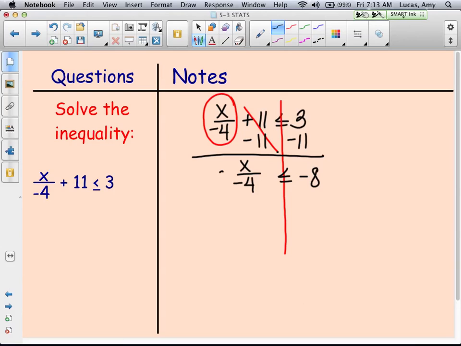And then the second step, I need to multiply by negative 4 on both sides. And I also need to flip my symbol because multiplying or dividing by a negative number, as your action step, causes your inequality symbol to flip in order to keep your inequality true.